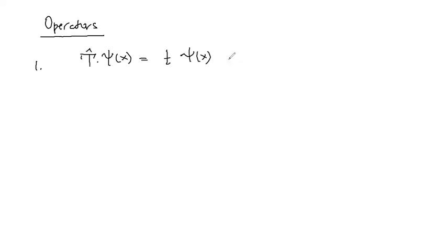In this case, you would call this an eigenvalue. And the wave function which corresponds to this eigenvalue, I'm going to put a subscript label small t. This would be an eigenfunction, eigenvector, or eigenstate. I probably call this eigenstate or eigenfunction.